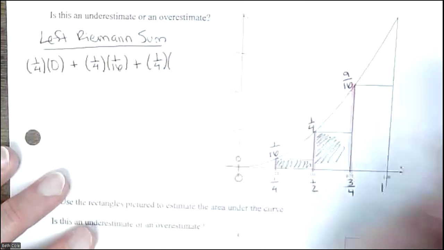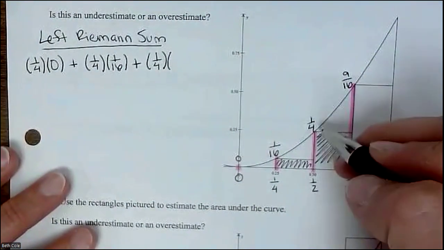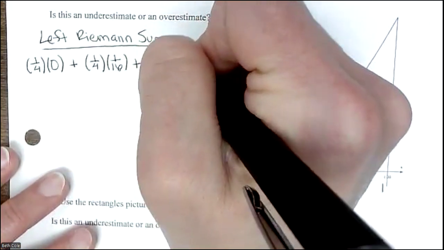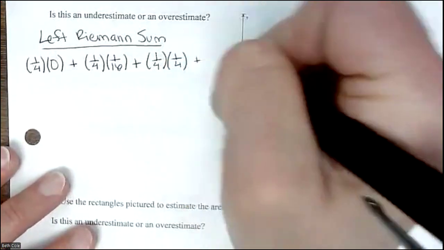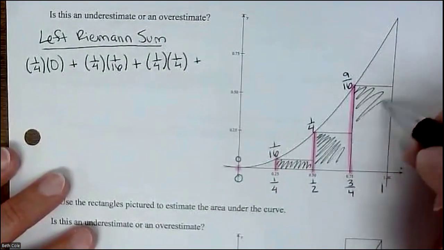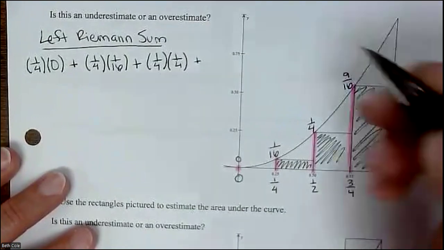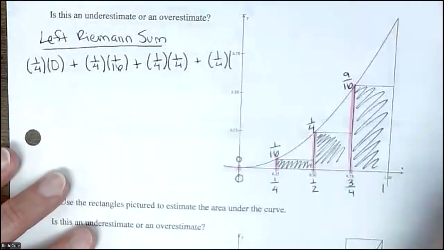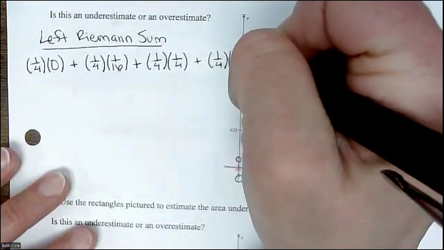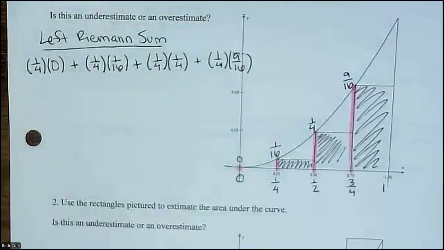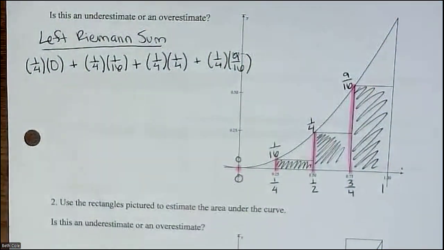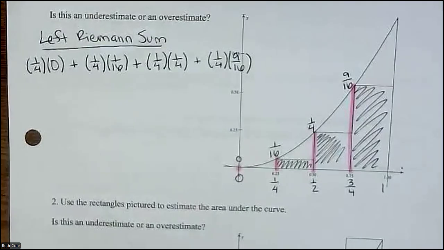Not trying to trick you. And then the height is what? Oh, so that one's actually a square. All right, and then the last one, this one right here. What is the base? 1/4. And the height is 9/16.